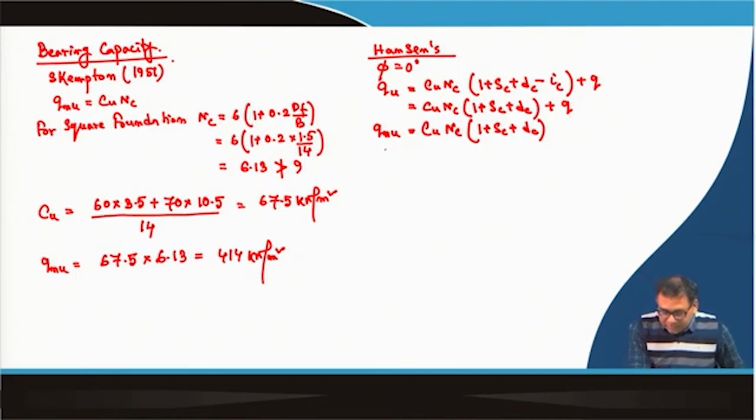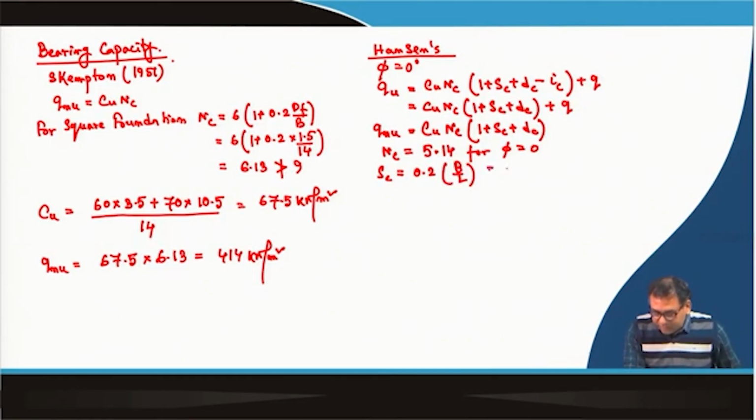From the chart we can see the Nc value for phi equal to 0 is 5.14, and Sc, the shape factor, is 0.2 B by L. So, this is 0.2 into 1 equal to 0.2. Now, depth factor Dc is 0.4 Df by B, because Df by B is equal to 1.5 divided by 14.